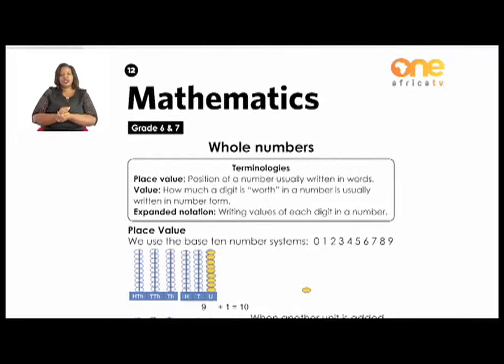The first one is the place value, and the definition of that is the position of a number, usually written in words. The value is how much a digit is worth in a number, and it should be written in number form.